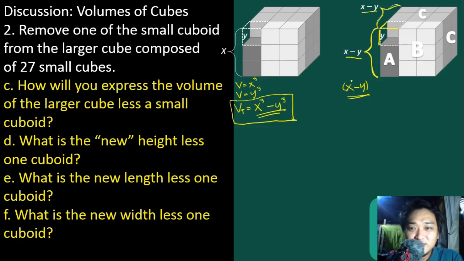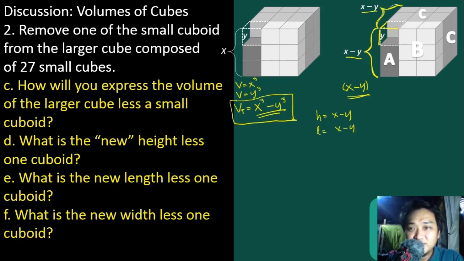So, let us just take note of this expression. Our new height, for letter D, for this corner alone will be x minus y. Our new length for this corner alone will be x minus y.